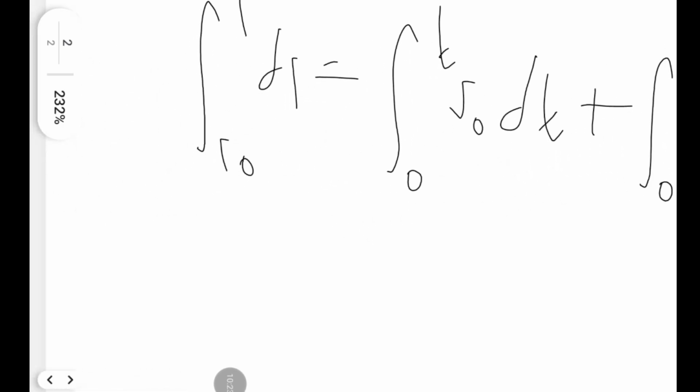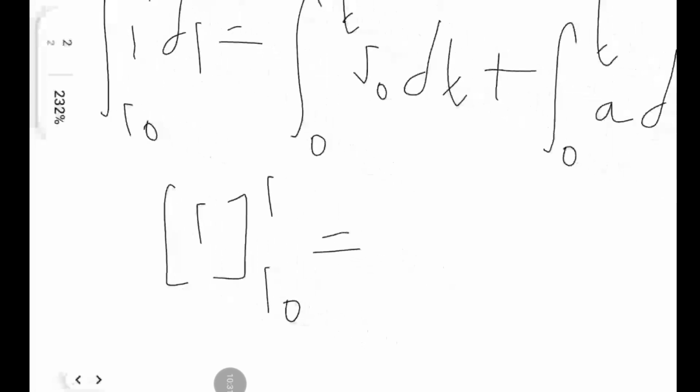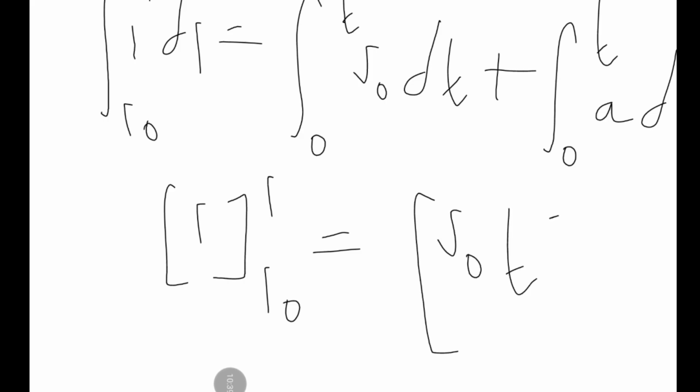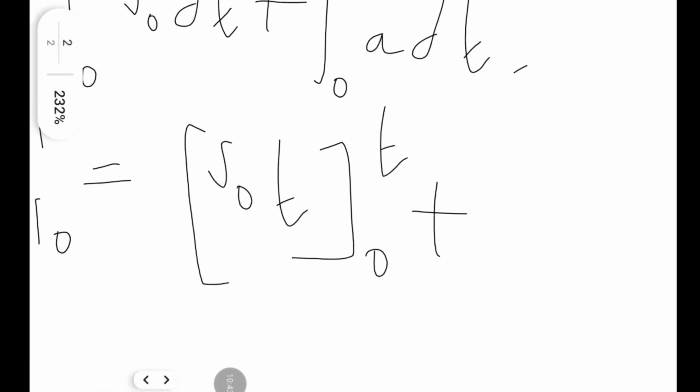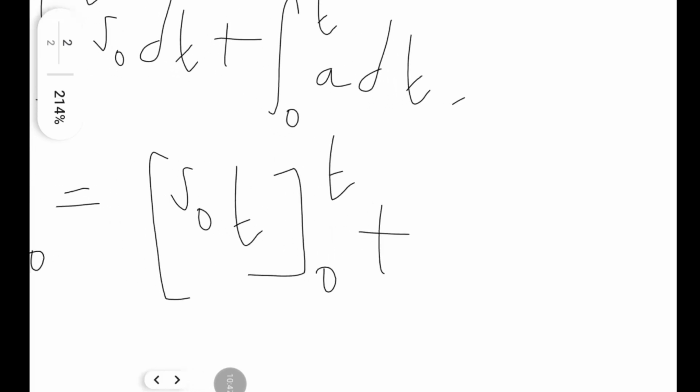Now, to integrate this, it's going to be, of course, r, because again, it's 1 in there, between r0 and r, is equal to v0 times t, between, again, 0 and t, plus, sorry, that should be at, not that.